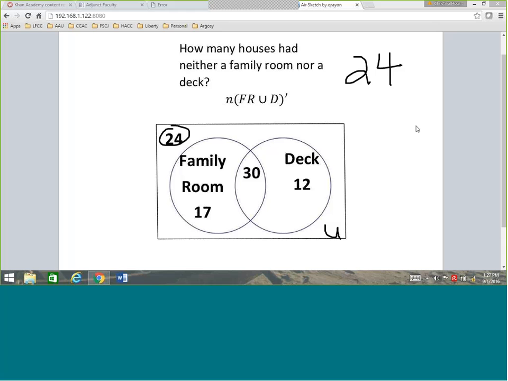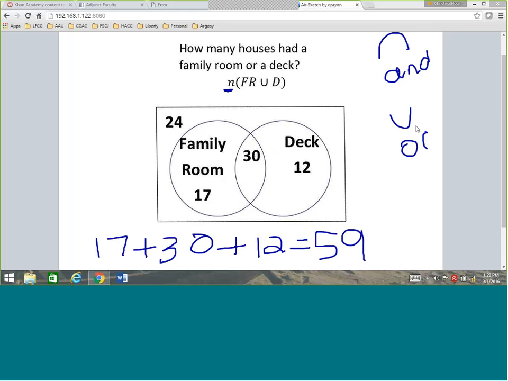And in notation, there's the word or with the U, so family room or a deck, but the apostrophe right there means not the family room or a deck. So that's basically saying the opposite of this. We had family room or a deck, which was all of these numbers.